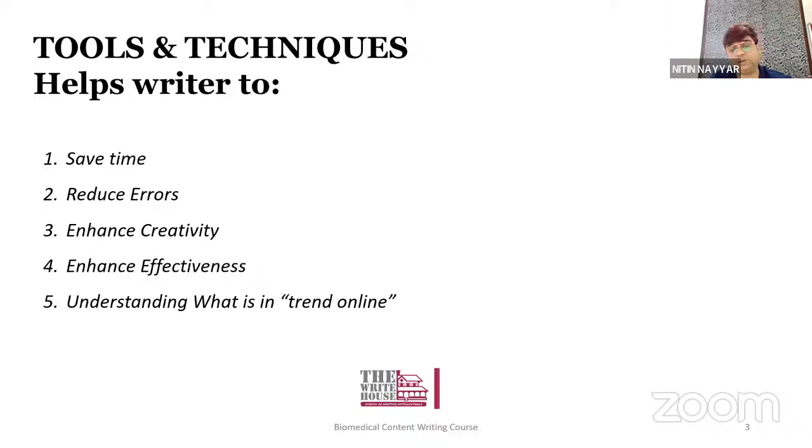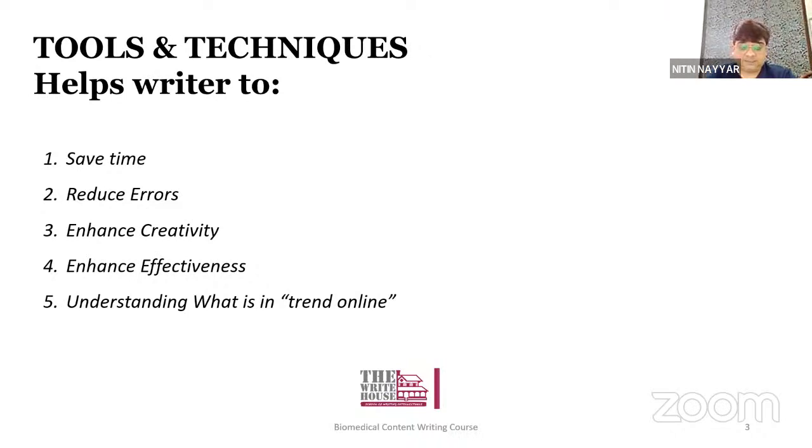Some tools will tell you how you can improve your writing, which words to change, whether your sentence is long or short, whether the voice used in your writing is active or passive. Those kinds of things you can easily judge from the software available online.